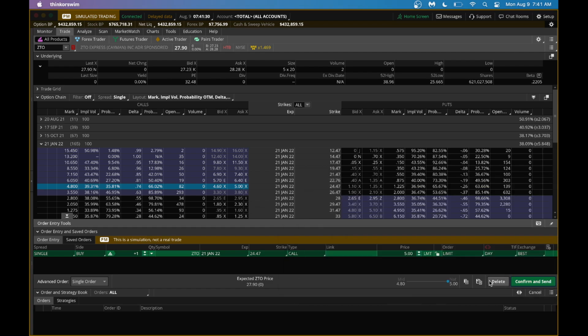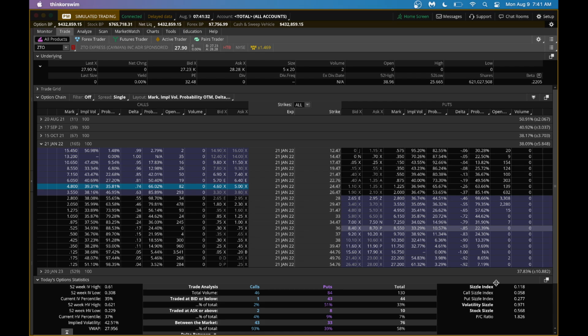If you want to play the options spread game, right now, as you can see, the stock price is 27. You could do something like, let's see here, 21.47 or even 22.47 and 31.47. That's a good spread here. So you could do 22.47 and 31.47.